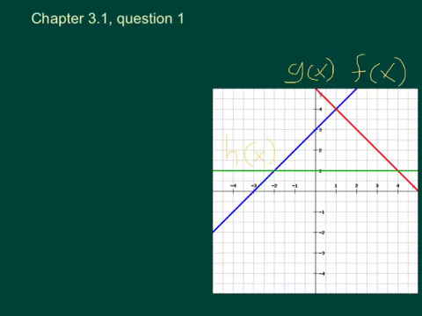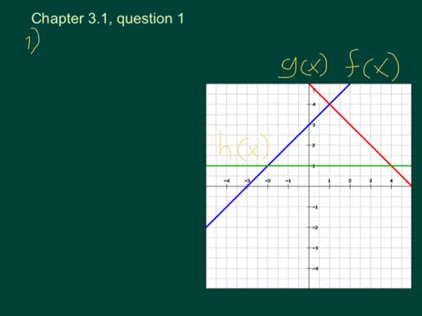Now, for question number 1, we need to solve gx equals 1. So when they say solve, they mean find an x that gives that value.